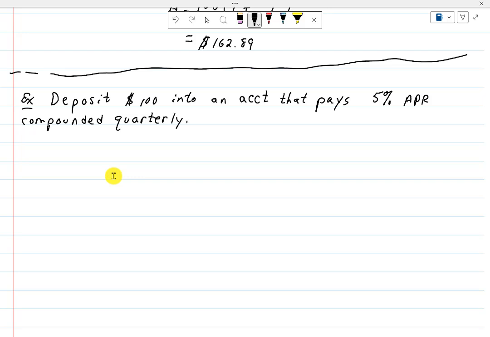So now the formula is going to look like this. See, that 4 will be underneath there now, and then I'll have 4 times y in the exponent. So let's follow this around as we go from 1, 2, and 10 years.